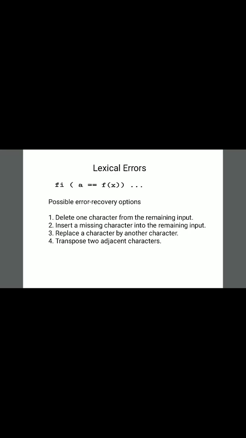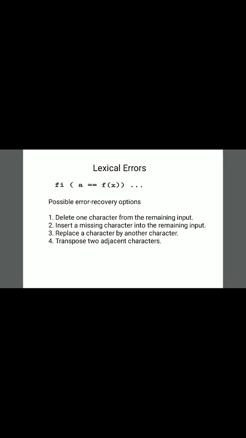The first thing is that it can delete one character from the remaining input. What does it mean? It has processed something and identified some lexeme, but this lexeme does not match any of your language constructs. Then it can remove some characters so that it tries to match any of the tokens for the remaining input.